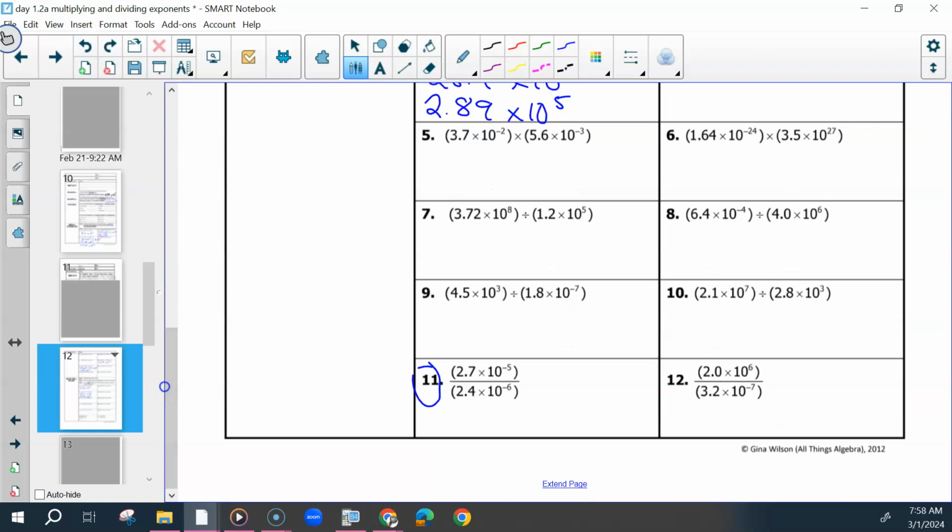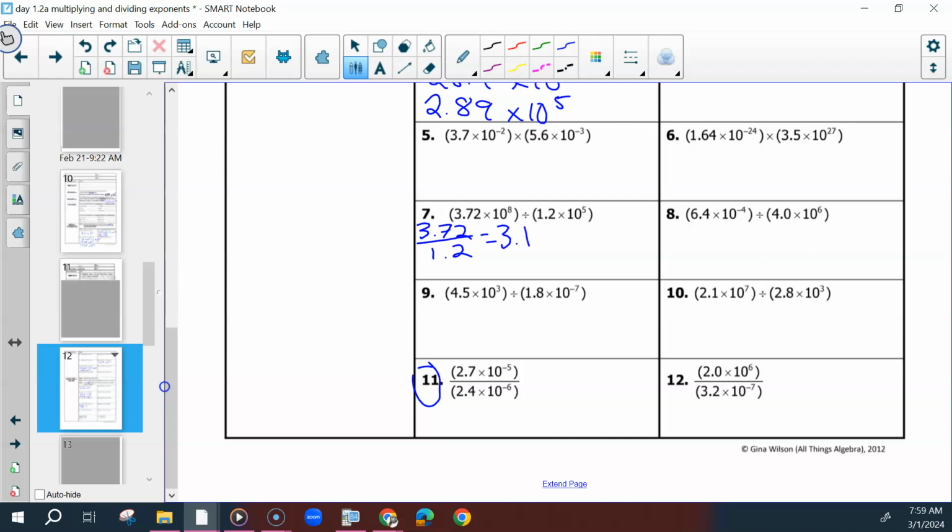Okay, so now onto the dividing. Similar to the multiplying, we're actually going to divide the numbers and then use our quotient rule for the exponents. So let's start with 7. So divide 3.72 by 1.2. 3.1.